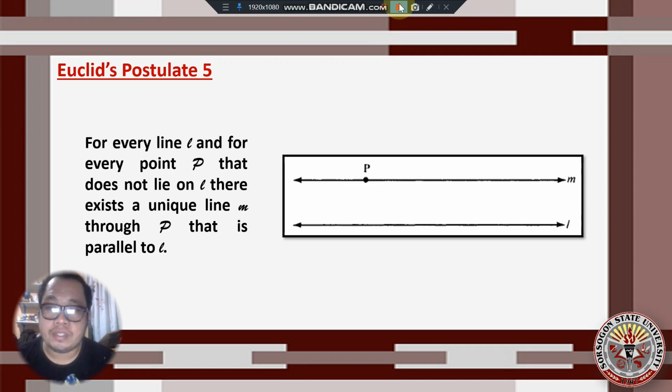Okay, so here is the other version of Euclid's postulate 5.